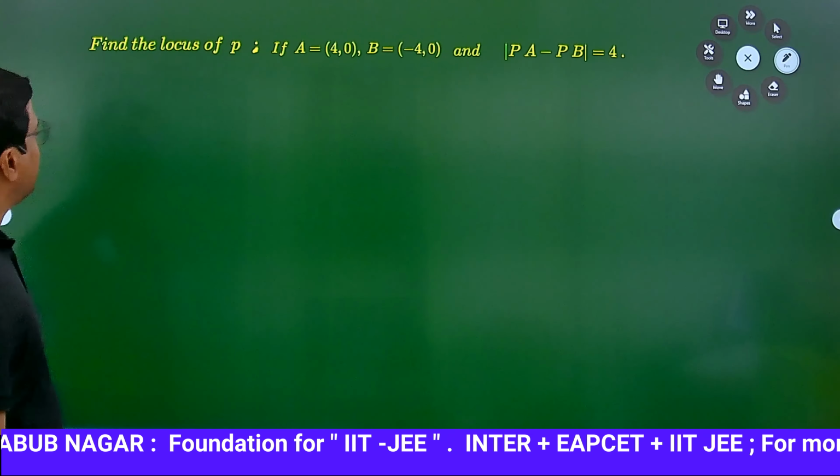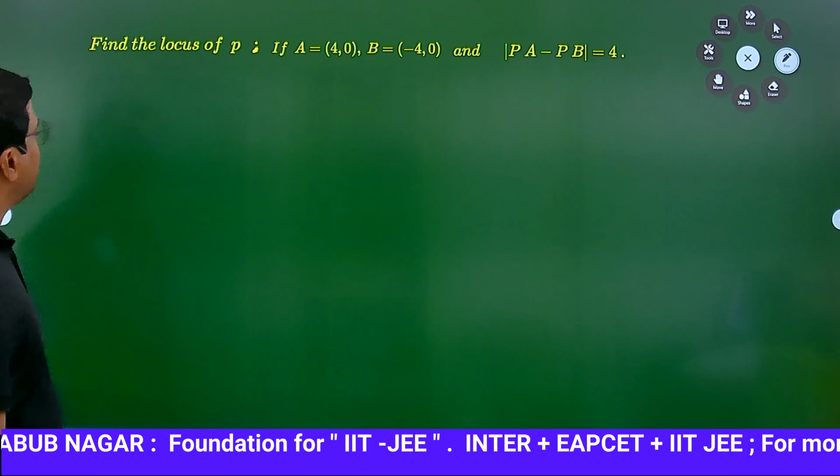See, again I am going to use the same method, that is called the L minus M method. In 8th standard in the polynomials topic, you studied that L square minus M square is written as L minus M into L plus M. This I am going to use now.